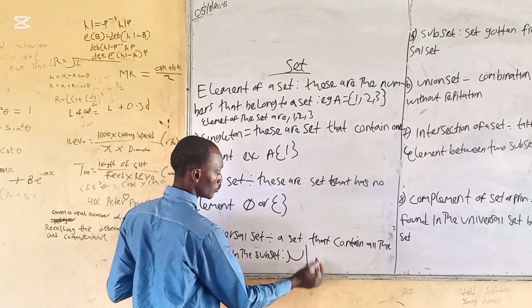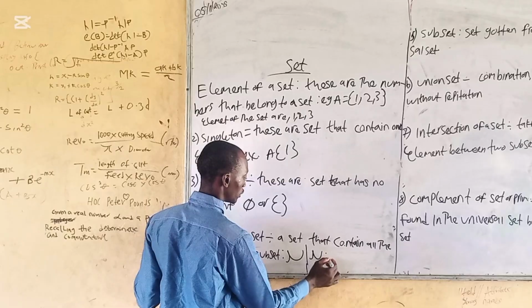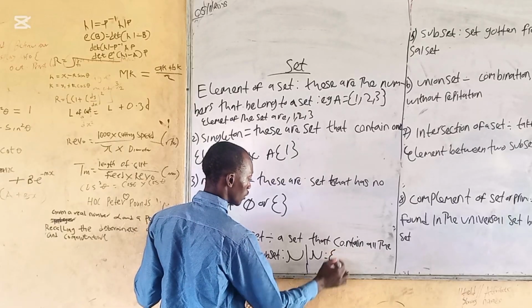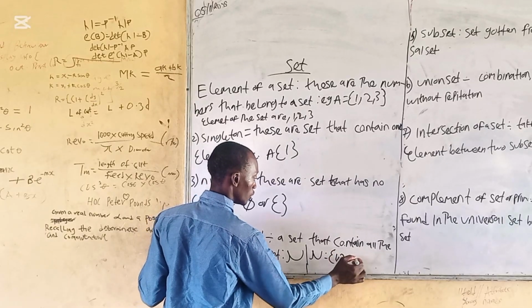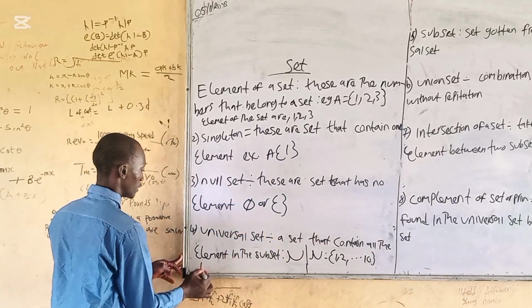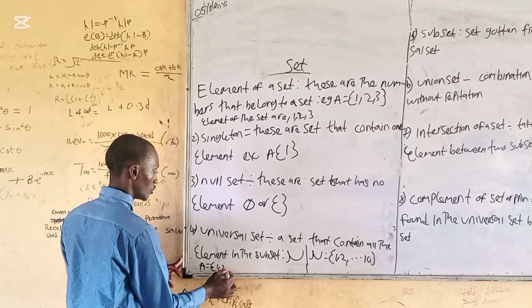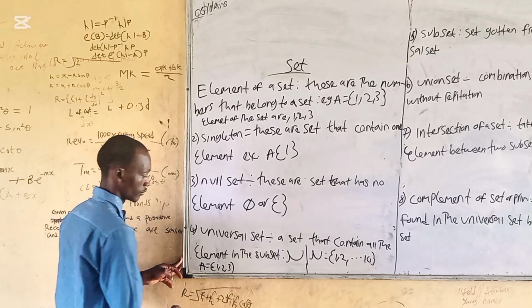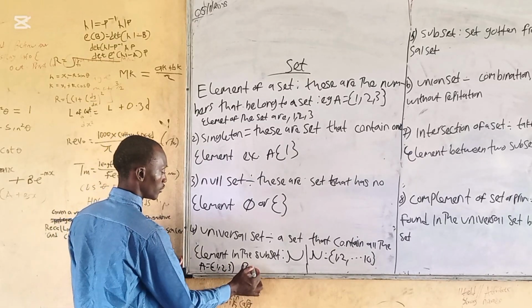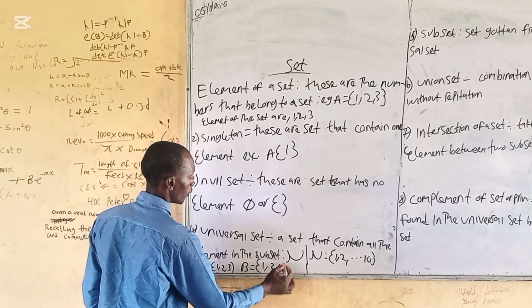Now, let me just put a little, I can say, okay, set A, can do something like this. I'll say 1, 2 to 10. Then I'll say set A contains 1, 2, 3. Then set B, 1, 2, 4.